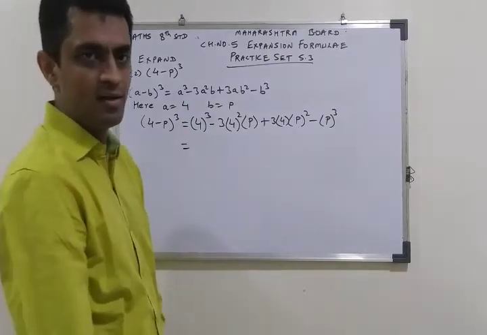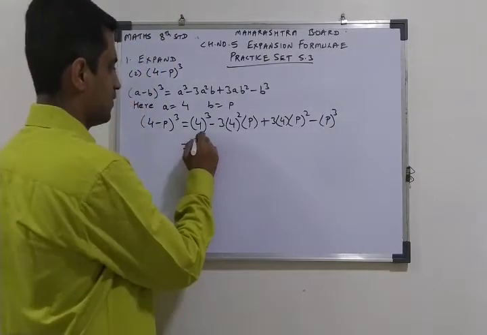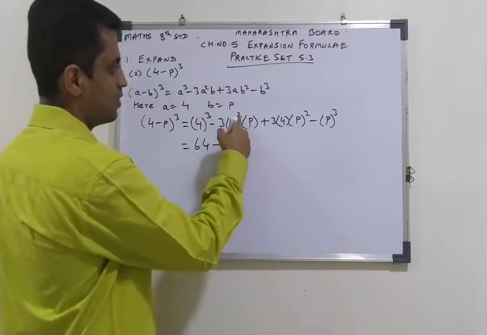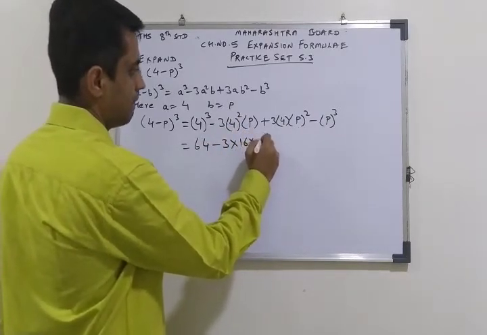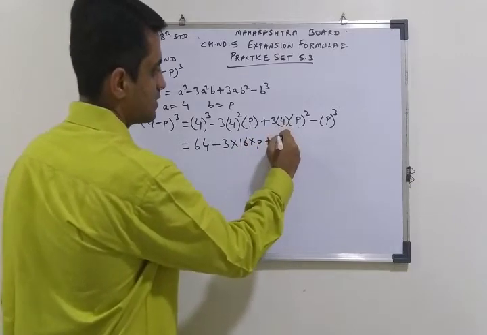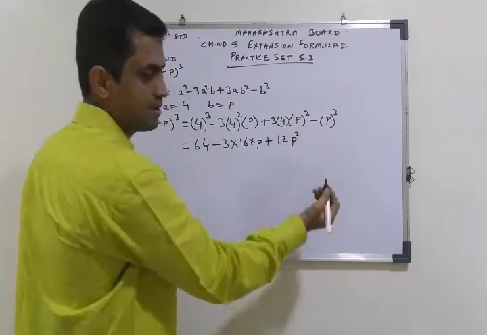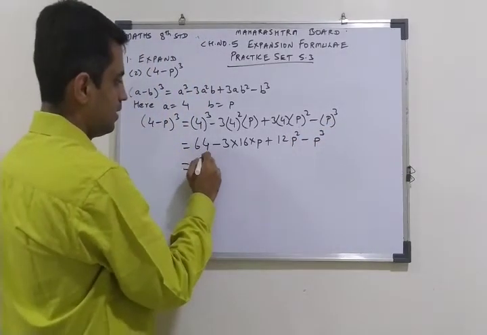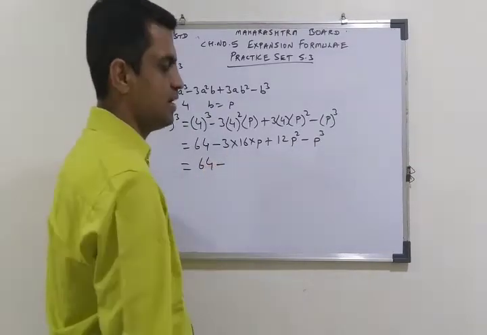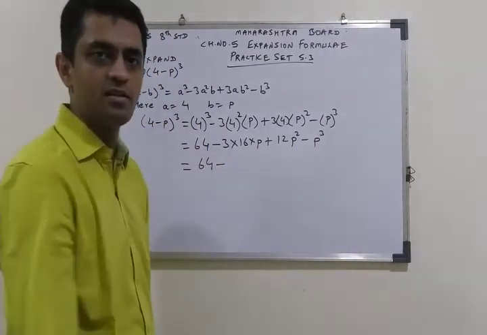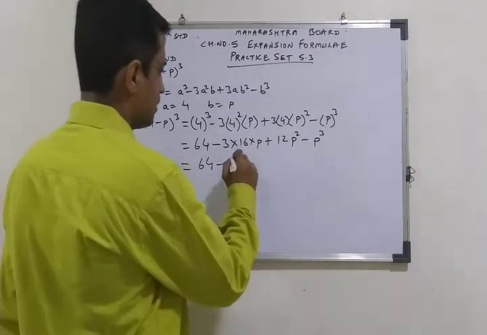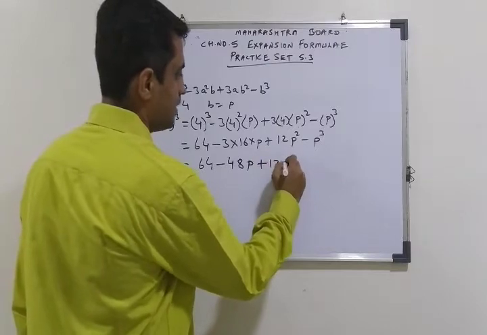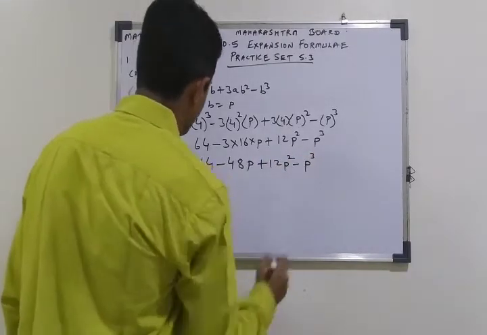4 cube, 4 fours are 16, 16 fours are 64, minus 3 into 4 square is 16 into p, plus 4 threes are 12, p square, directly you can write, minus p cube. Now here 64 minus 16 into 3, 16 threes are 48p, plus 12p square minus p cube.